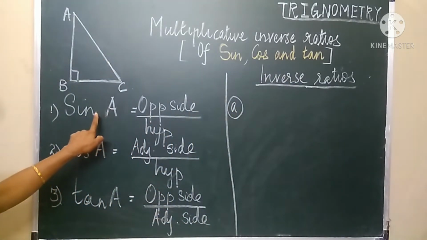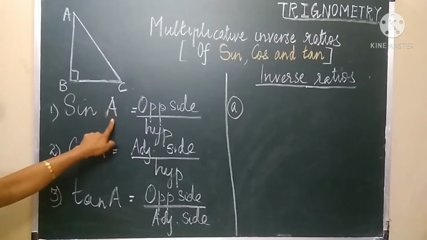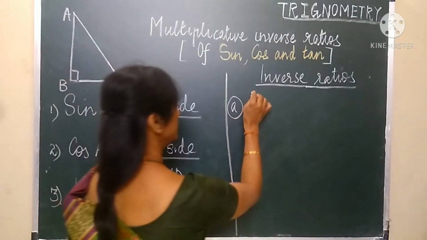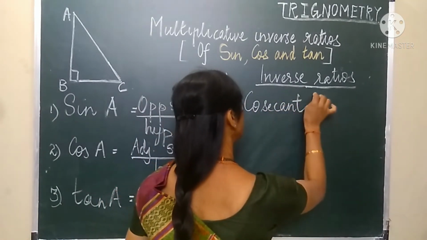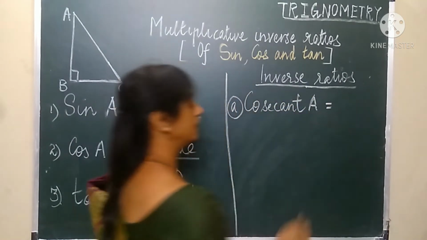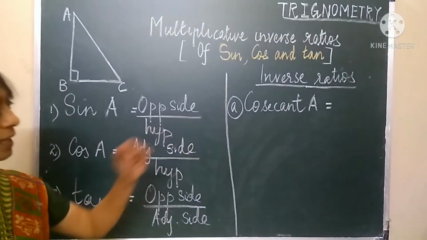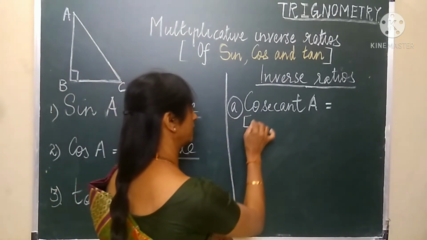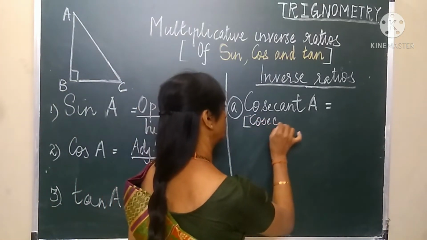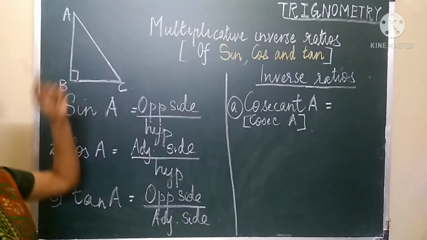For the first one, that is sine of any acute angle, the inverse is called cosecant. Cosecant of any angle, particularly we are dealing only with acute angles, is also called cosec. Cosec of angle A, particularly with reference to this angle.